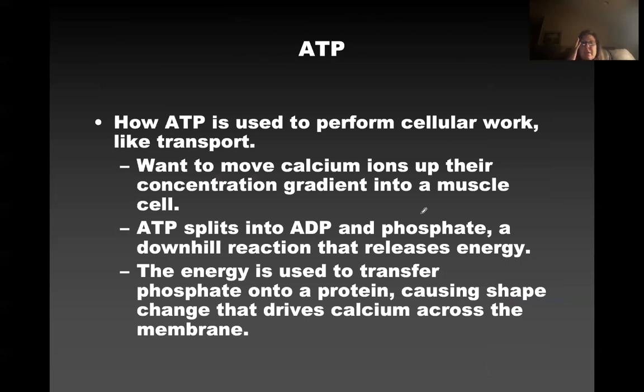So how is ATP used to perform cellular work? Well, if you want to move calcium up its concentration gradient into a muscle cell, you need to use the ATP that we have, that energy, split it into ADP. It releases that energy and allows us to do that. Remember that active transporter that we talked about. We also talked about the sodium potassium pump. There are also other types of pumps that we use this ATP to fuel.